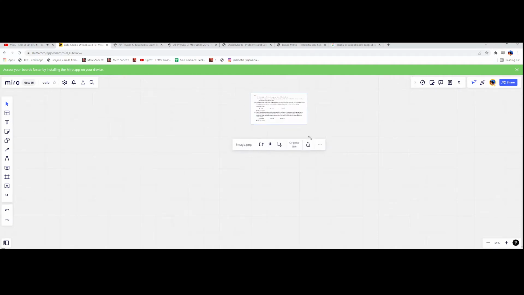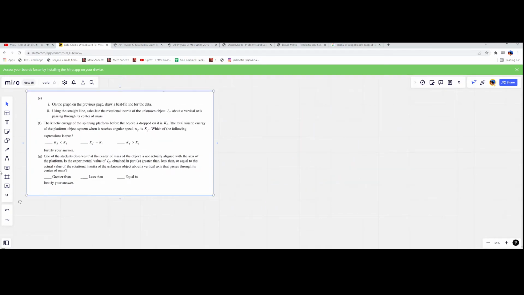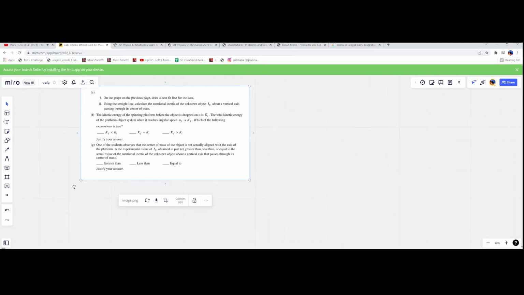We're not going to graph it, but I will explain how the graph would be relevant to solving this problem. Assuming that we did have a line of best fit, we would have the ratio WF over WI.